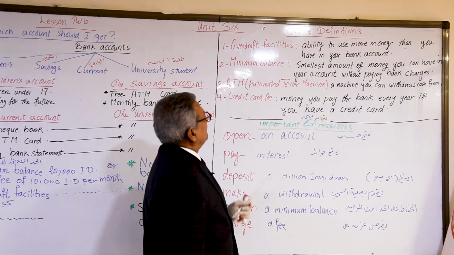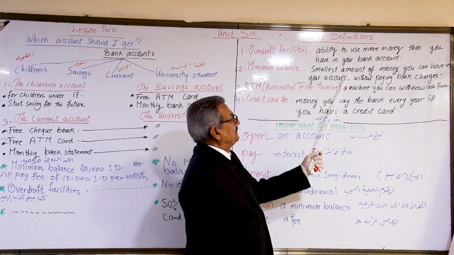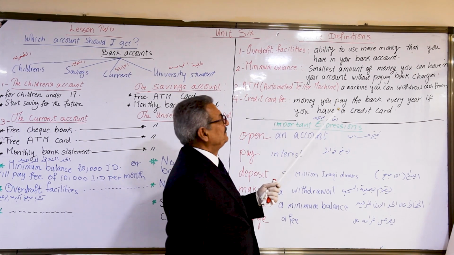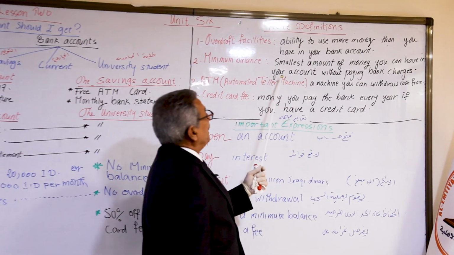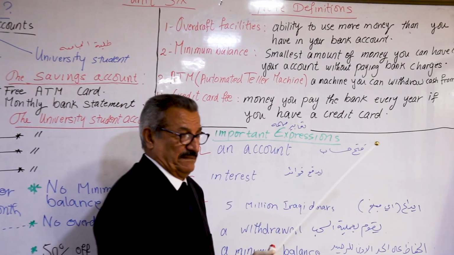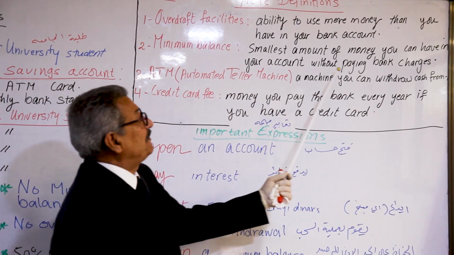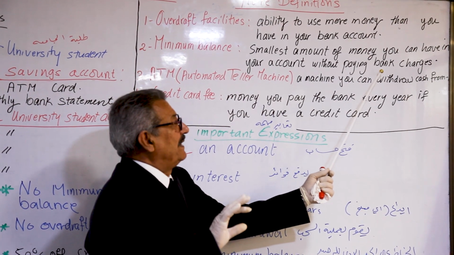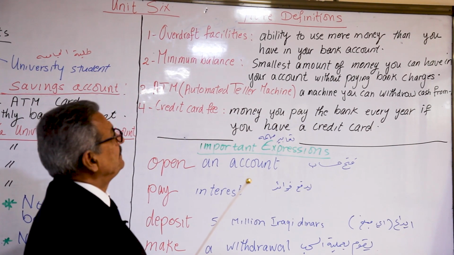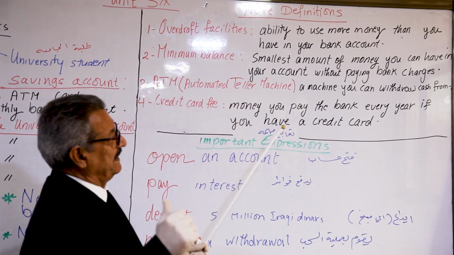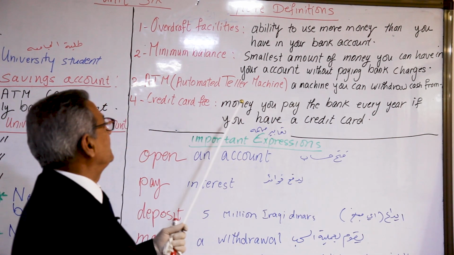Minimum balance (الحد الأدنى للرصيد) is the smallest amount (أصغر مبلغ) of money (من المال) you can have in your account (تستطيع أن تحتفظ به في حسابك) without paying (دون أن تدفع) bank charges (غرامات إلى المصرف). And we say it is 20,000 Iraqi dinars.